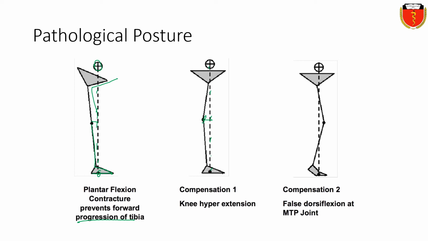This means they maintain the ankle in plantar flexion while they dorsiflex the metatarsophalangeal joint, allowing the knee to go into flexion and the hip to go into flexion, and maintain the center of gravity over the base of support.